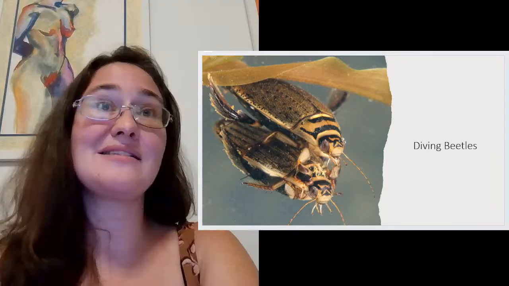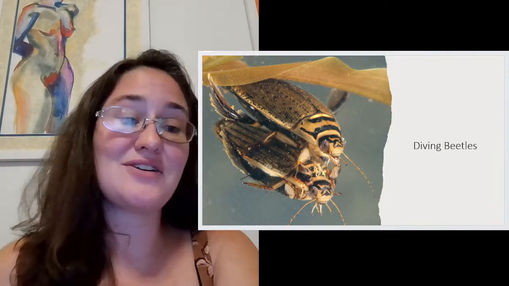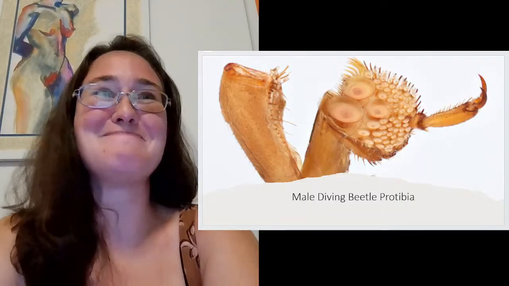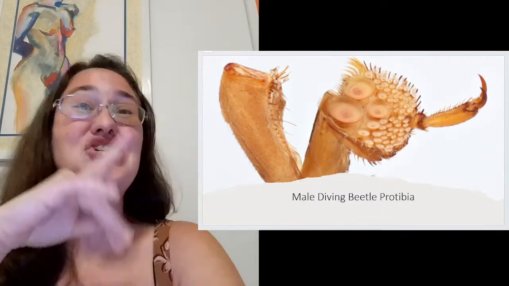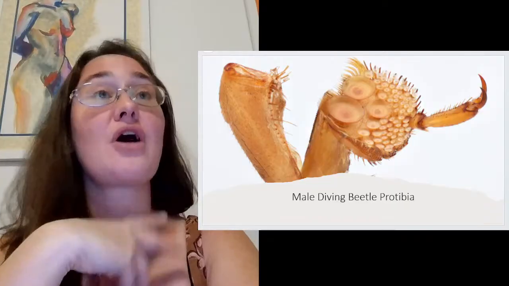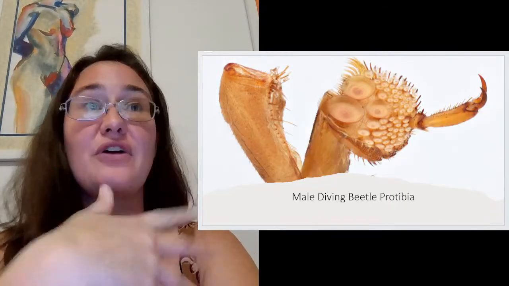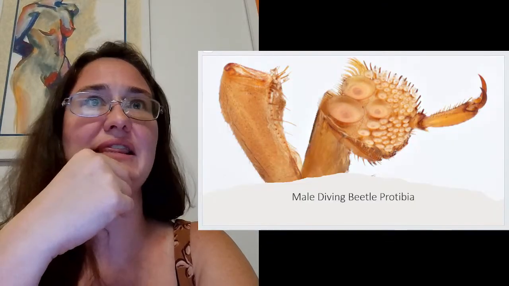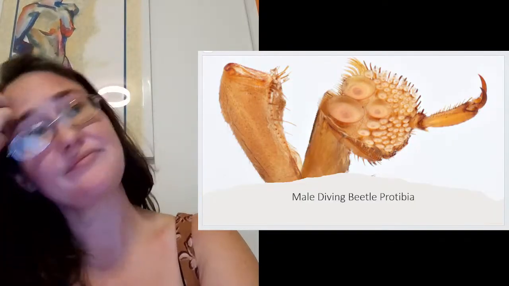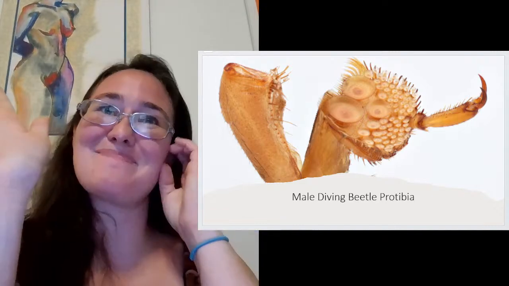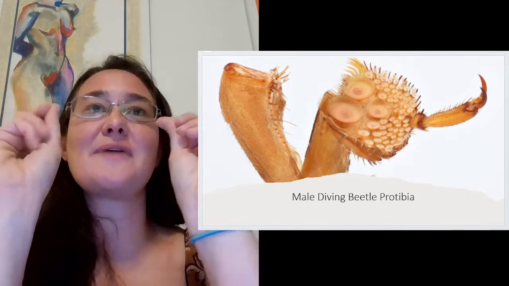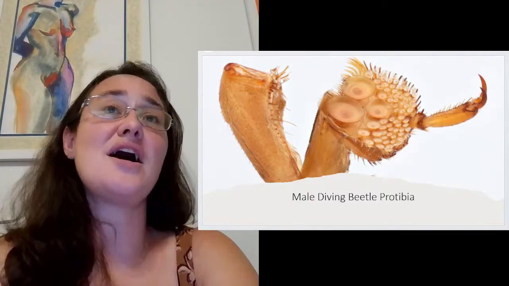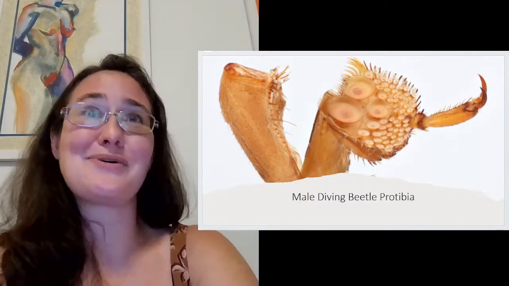But the males got a little bit tricky, and the males evolved suction cups. All right, so on just the front leg, the pro-tibia, pro is the front leg, and the tibia is the second segment of the front leg. They gained suction cups, and those suction cups have the ability to suction cup onto the female's back and hold on for as long as possible.